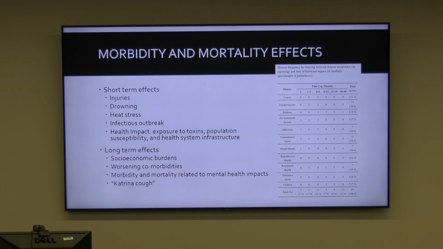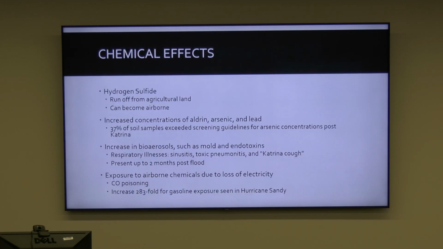For victims and healthcare providers alike, it can be a huge mental health impact. And then the last thing is the Katrina Cough. This is something that was recorded after Hurricane Katrina because it was an effect of respiratory health secondary to the pollutants that were in the air after the hurricane, which I will talk about a little bit more later on, actually right now.